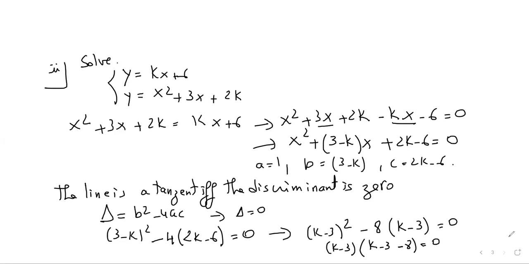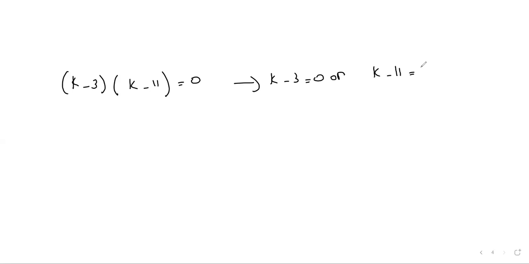So rearrange this and write it in a better way, and you will find that you have k minus 3 times k minus 11 is equal to 0. So I have k minus 3 is equal to 0, or k minus 11 is equal to 0.